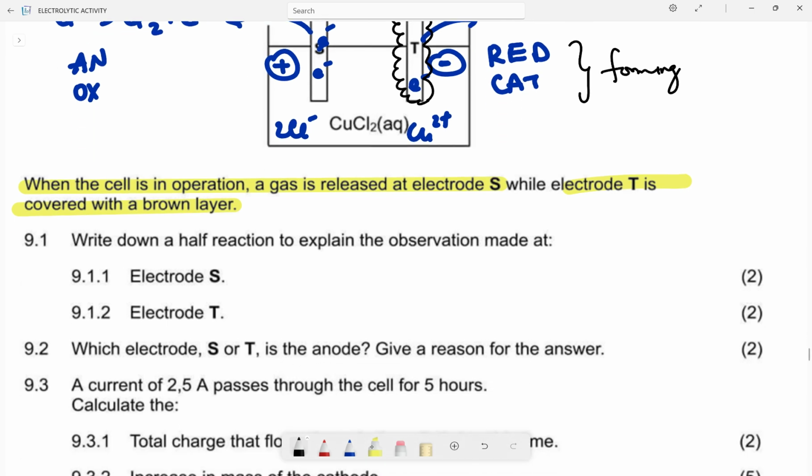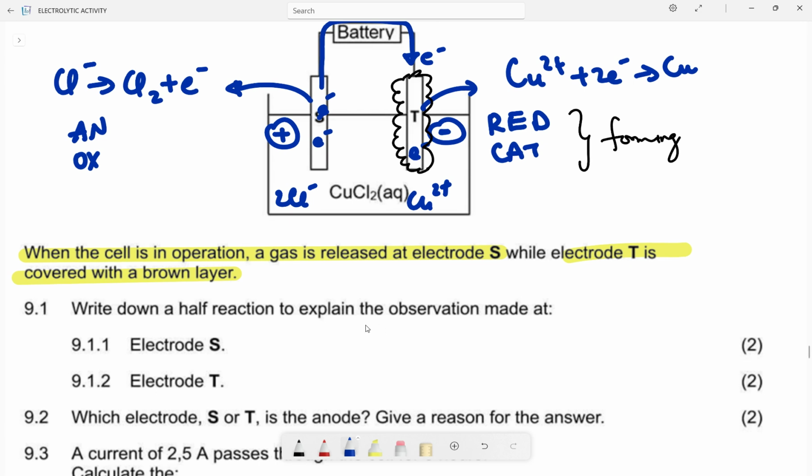Write down the half-cell equations to explain the observation made at electrode S and electrode T. For electrode S, we already know this is Cl, but it needs to be balanced, guys. So we have 2 here, so it's going to be 2 there. You can use your reduction table.